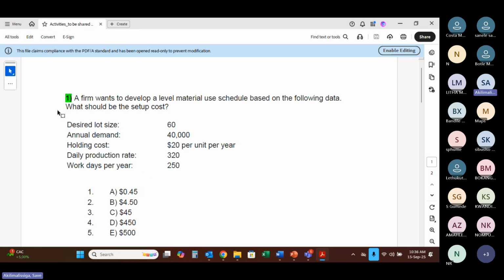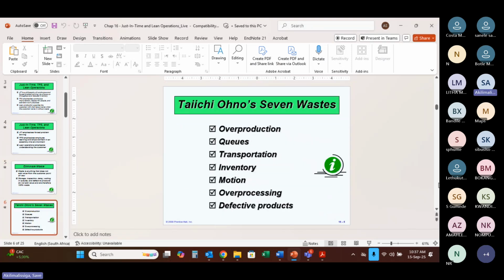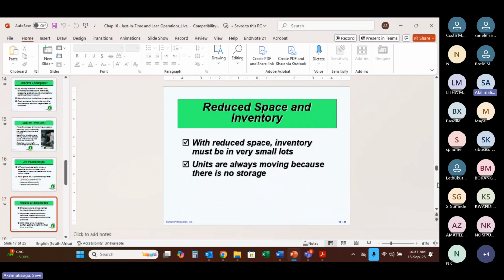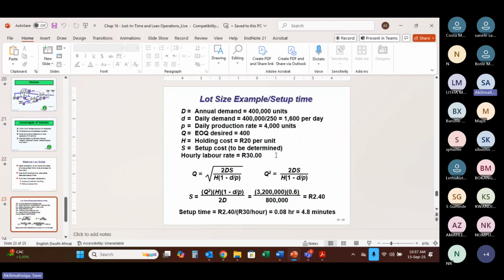So looking at the first statement here: a firm wants to develop a level material use schedule based on the following data. The question is asking what should be the setup cost. So we are calculating the setup cost, based on the formula provided in the slide, which I'm going to upload today also.